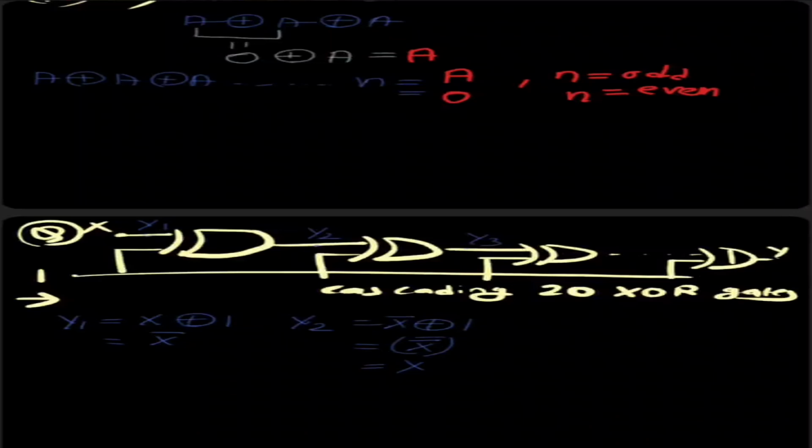Also generalizing this, we can see that in an even number of terms we get x, and in an odd number of terms we get x complement. So we have to find out for 20 XOR gates. So this will be y equals x. That's it for today.